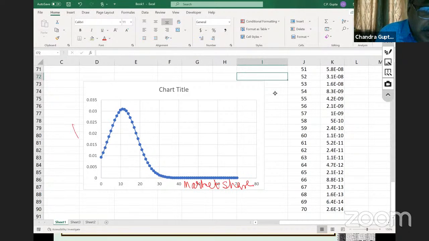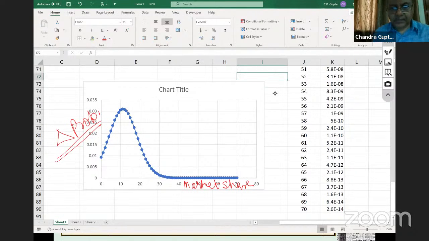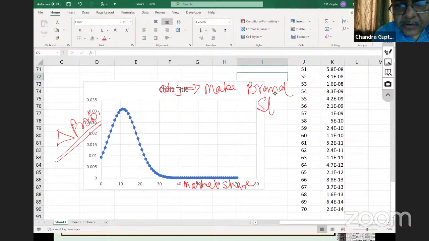And that's the probability, change in probability. Okay, objective is make brand stronger.